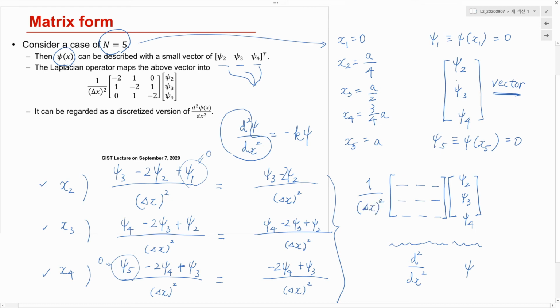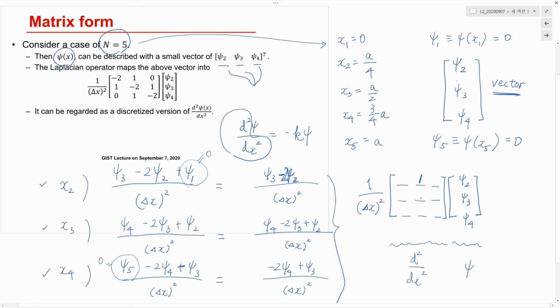Yes. Then we have just psi 3 minus 2 times psi 2. Then I will fill like this. So have number 1 here. Then this 1 generates just psi 3 because this is the way for performing the matrix vector multiplication. Then how about this? Minus 2 times psi 2.